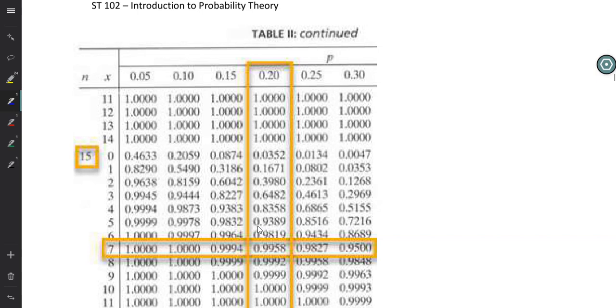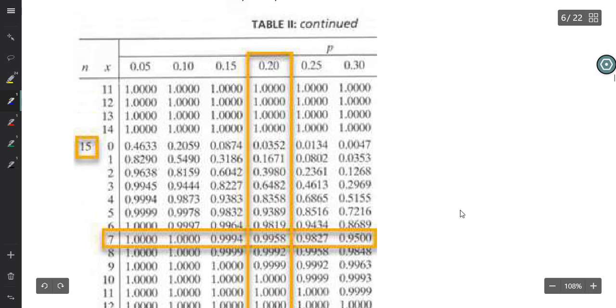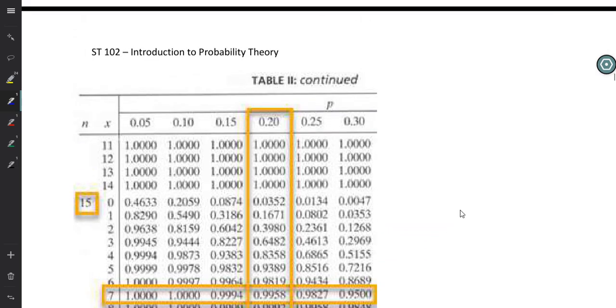Okay, so let's do a complete example and see how we can use this table to find probabilities. Here's our question.